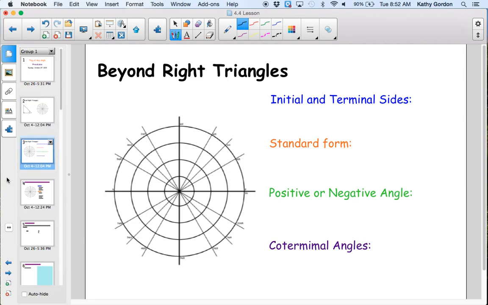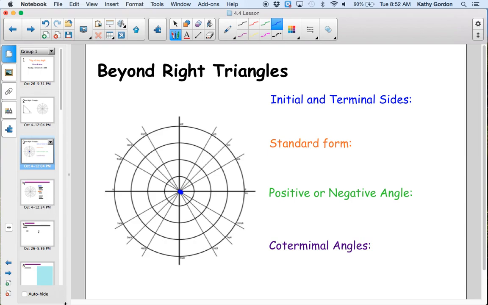So, a little bit of quick vocabulary to make sure that you remember some of this. Your angles have two sides to them. Angles are made up of two rays. They meet at a point where the endpoints of your rays are, which we call a vertex. Well, when we do this in a rotational kind of way, our vertex is always going to be right there, at the center of the circle that we're rotating around.